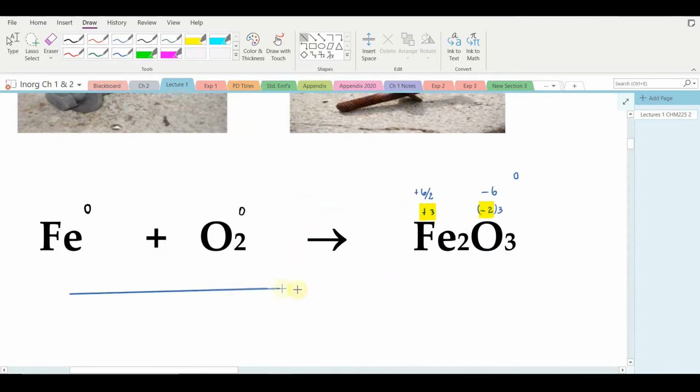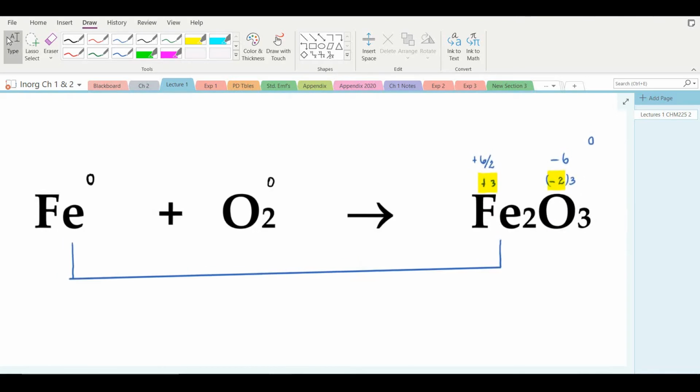So when iron was oxidized from oxidation state 0 to +3, did it gain or lose negative charges? To go from 0 to +3, it had to lose negative charges to become more positive.